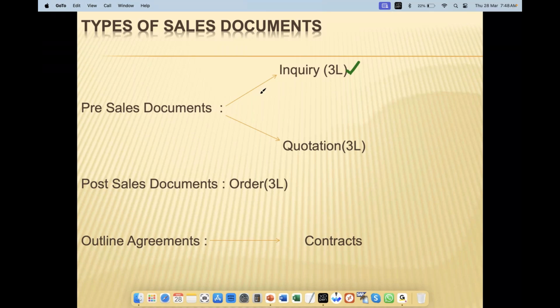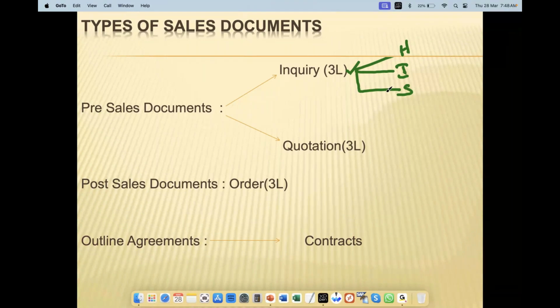So inquiry is a document at header level. Inquiry is happening for a product, item level, and the customer is coming to inquire whether the product is available or not, scheduling level. Three-level customizing, if you notice here.